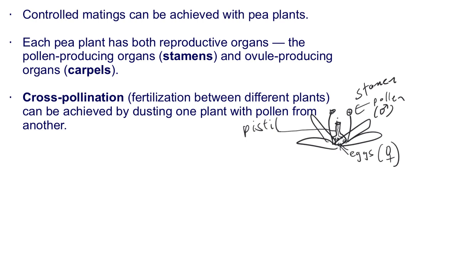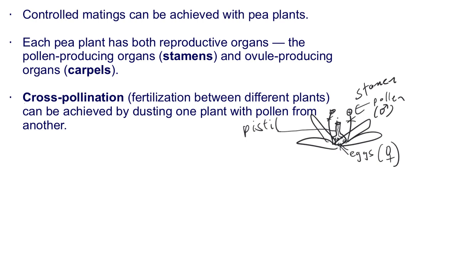Okay, so he could control who fertilized whom by cutting out the stamens and then brushing on the pollen from another type of pea plant, same species but different traits, and see what the offspring would turn out as.